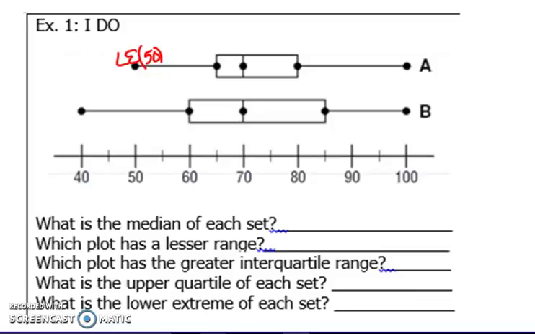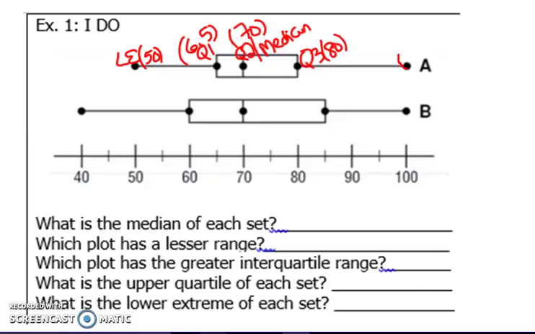If I go to the next spot, which is my Q1, and that's where my box starts, my Q1 starts at 65. I'm just going down to where it is on the number line. That middle of the box, so that line in the middle, is my Q2, or my median. My median is 70. My last part of my box is my Q3, which is at 80.